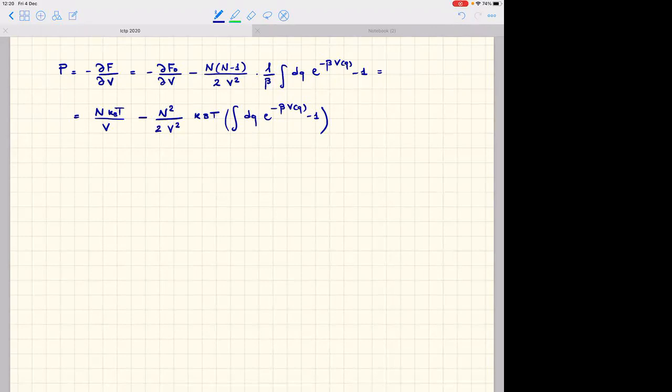And therefore, if I put things together, I get that P over k_B T is equal to N over V, times 1 minus N over V times the integral dq.